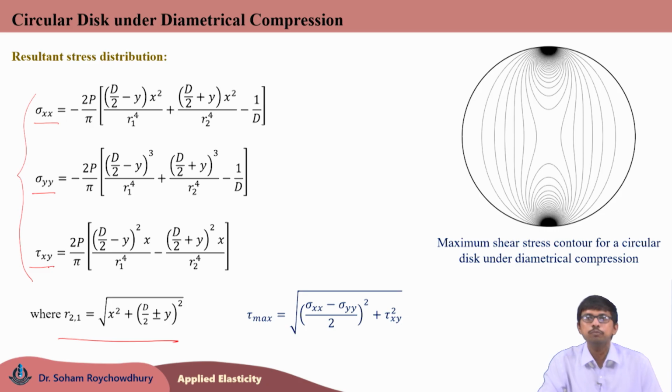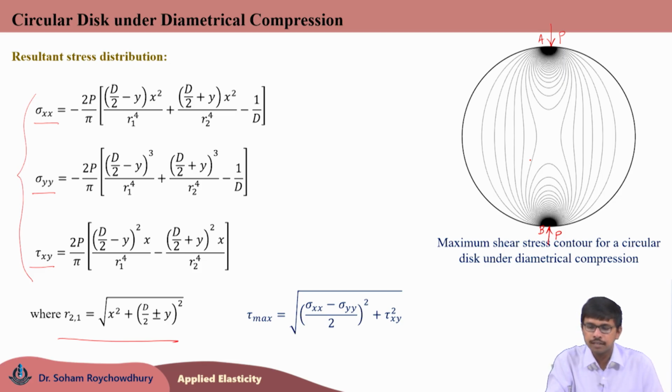And then if you plot the maximum shear stress contours for the circular disc subjected to diametrical compression, that would look like this. So, at the top and bottom, load P is applied at points A and B. You can see a very large, theoretically infinite, maximum shear stress is caused at those 2 points, and all these lines are showing the contours over which tau max is constant.